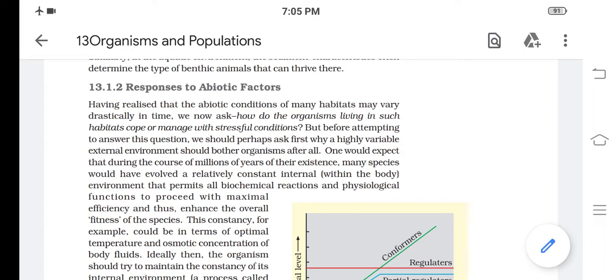If we talk about the word response, response means one type of answer. Okay, response means one type of reaction. So we know that the answer will be there if a question is available. Without a question there will be no answer.